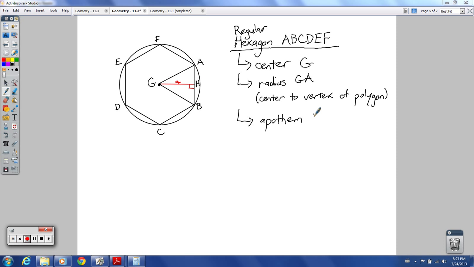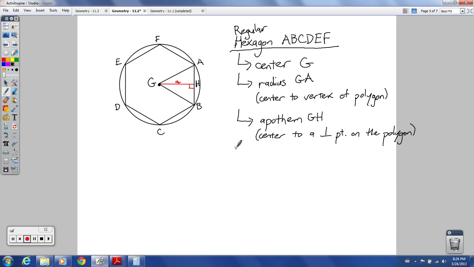So apothem would be GH or HG in this case. So in other words, it's the center to a perpendicular point on the polygon. That's the definition of apothem.